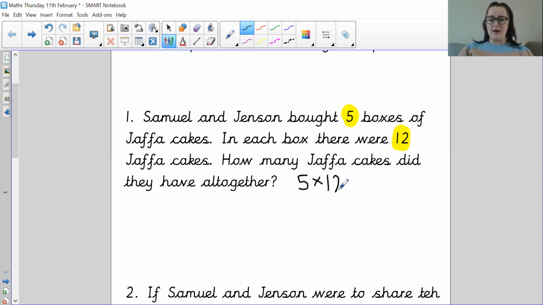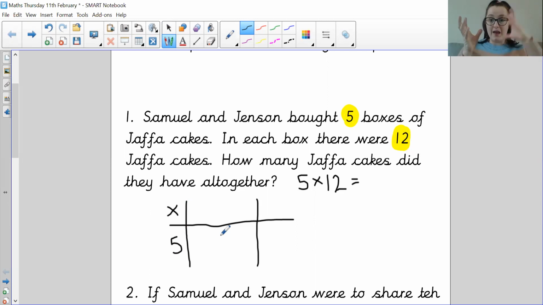And the way I'm going to work that out is using the grid method. So let me draw my grid. It's just a super quick grid. When you're doing this, you can use a ruler. Obviously, I can't do this because I'm using my computer. So I've got my multiplication sign in there, and I'm going to put 5 in there. Now, I'm going to partition my 12.